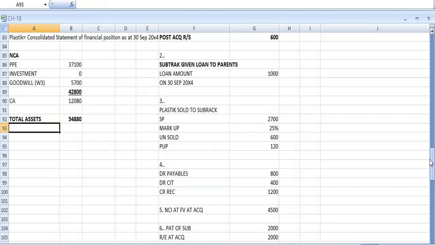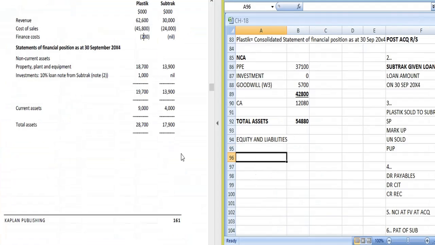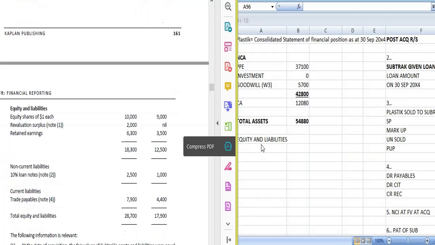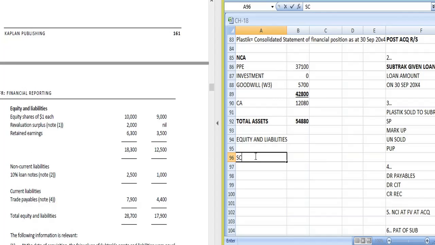Okay, so now we will move to the equity and liabilities section. So we will take share capital first, which is given in the question. Don't add the parent as well as subsidiary share capital, because the subsidiary share capital amount we have already included while calculating working 2.